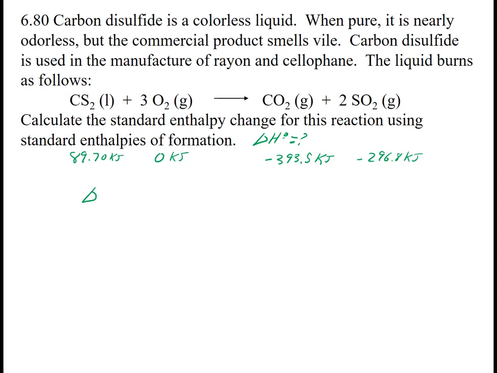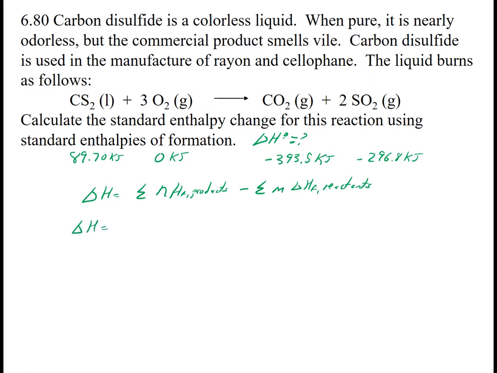And the delta H, remember, is the sum of n times the delta H of formation of the products, minus the sum of the delta H of formation of the reactants. So how do I do that? This equation is given to you. The delta H is the products.